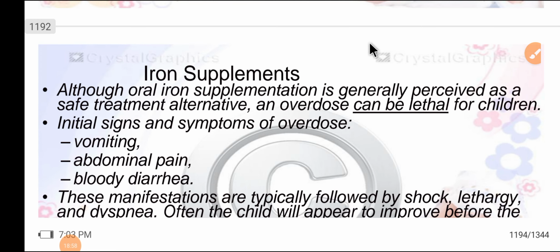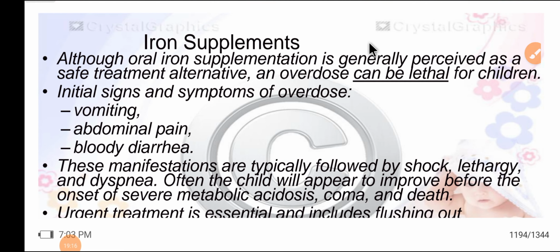Iron supplements. Although oral iron supplementation is generally perceived as a safe treatment alternative, an overdose can be lethal for children. Initial signs and symptoms of overdose: vomiting, abdominal pain, bloody diarrhea.